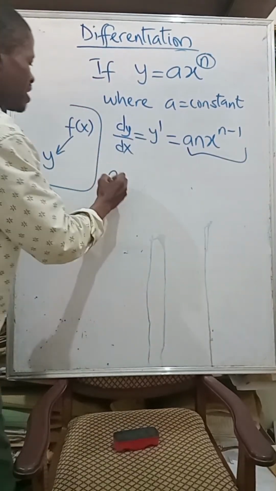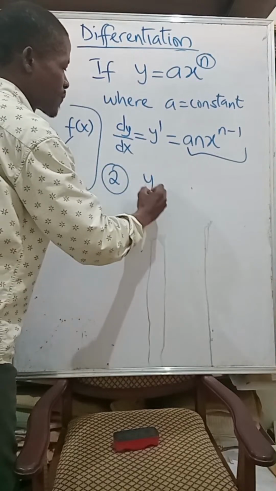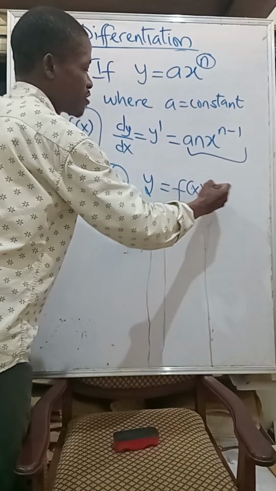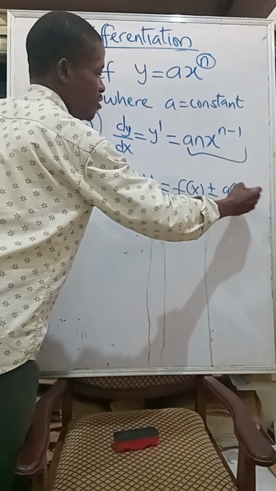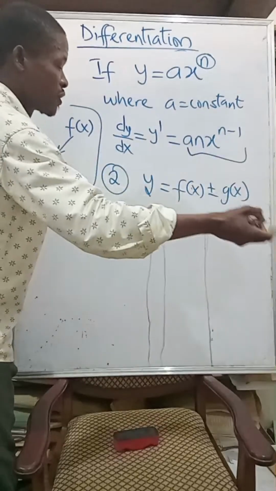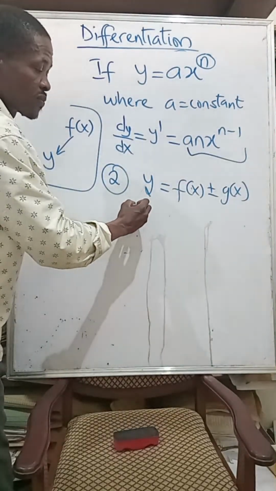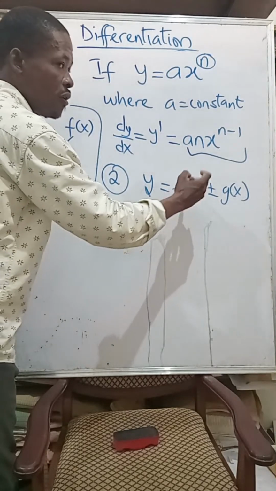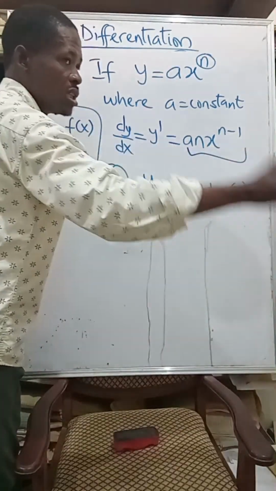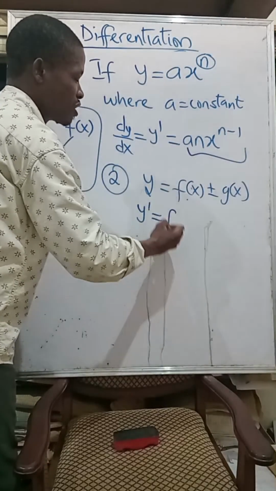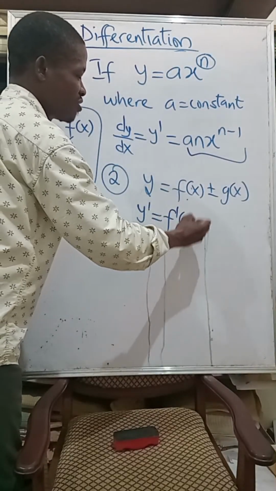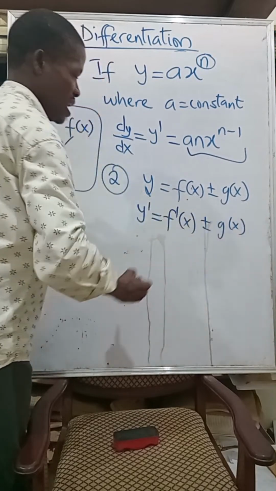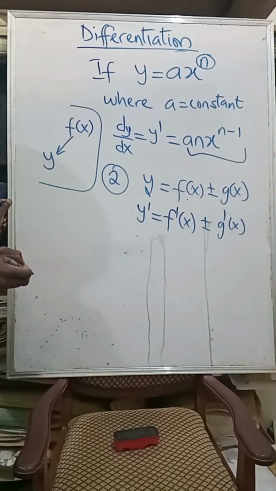Another thing we need to note is this: when you have y equal to the sum or difference of functions, your derivative dy/dx will be equal to the derivative of each of those functions, and that will be f prime of x plus or minus g prime of x.